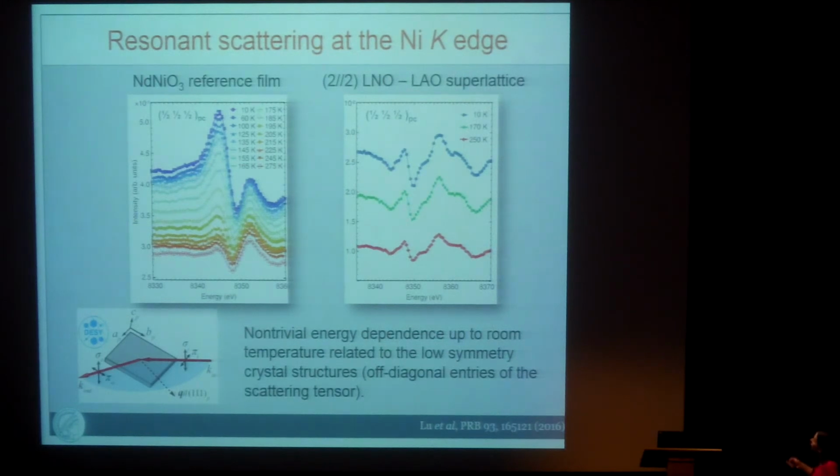For the lanthanum nickelate aluminate superlattices, we have essentially no temperature dependence, but we also see this energy dependence of the scattered intensity.